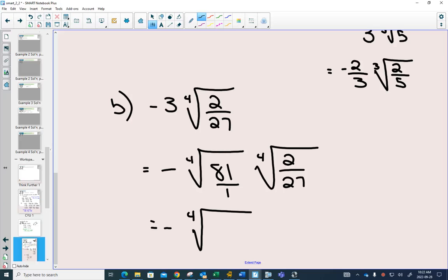Because the earlier you simplify a fraction, the easier the mental math. And I noticed that 81 and 27 are both powers of 3. So 81 divided by 27 is perfectly 3 over 1. So I would simplify that first, and then when I multiply my fractions, I'm left with 3 times 2 and 1 times 1. Can you see that that is just going to be 6?